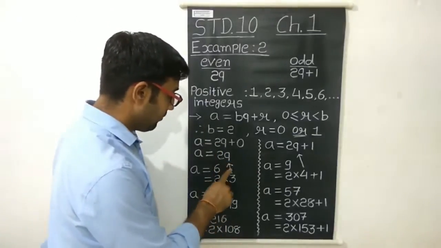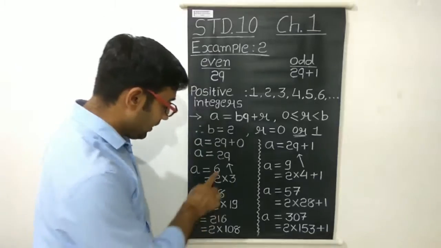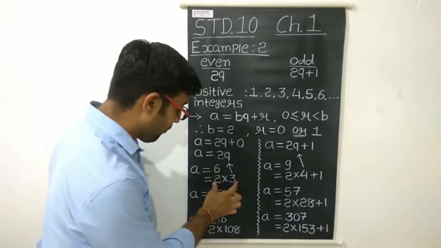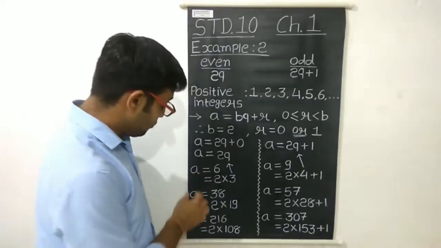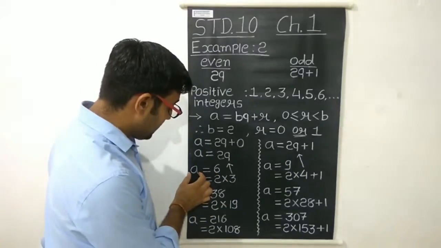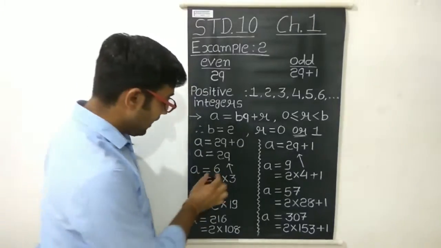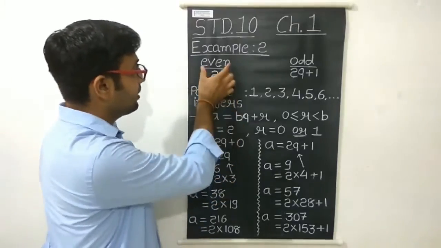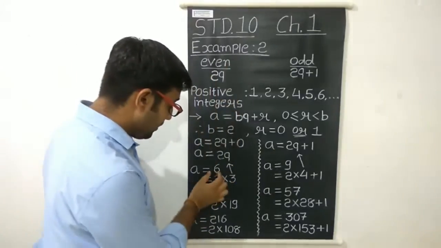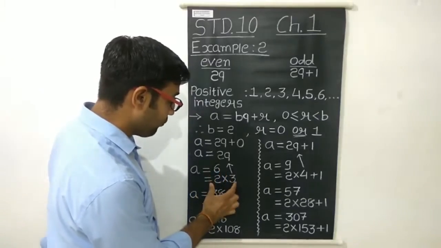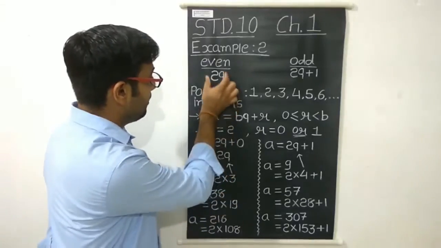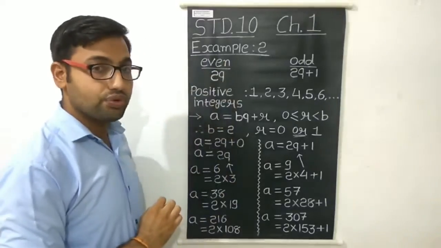So the value of q is 3 here, and this is 2. So this is the form 2q. We take a as 6, and 6 is an even number. So the even number 6 we can represent in the form of 2q. So an even number we can represent as 2q.